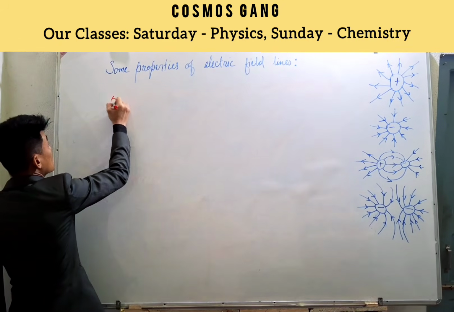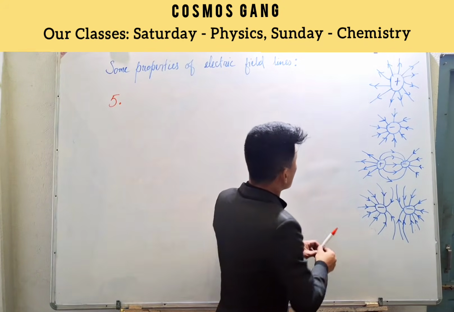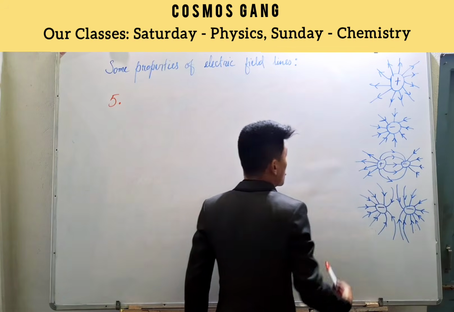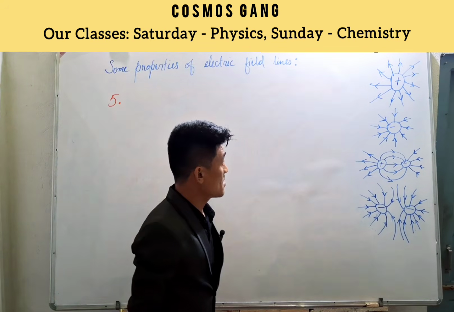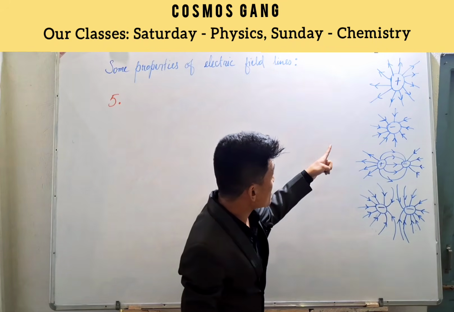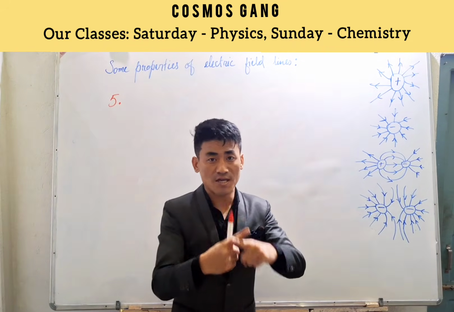Point number five, when I draw the field lines around all these charges, I find no two field lines that are intersecting one another, that means crossing one another.